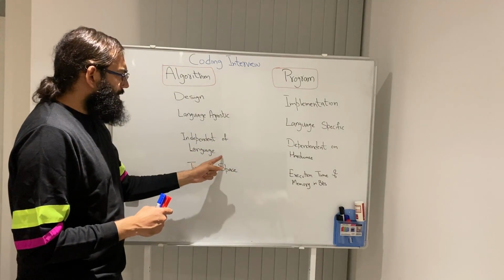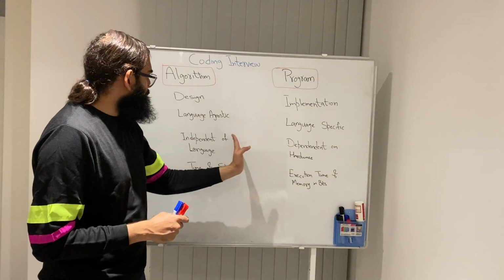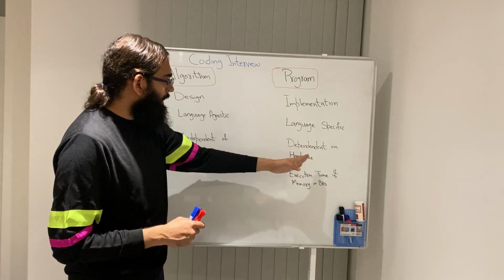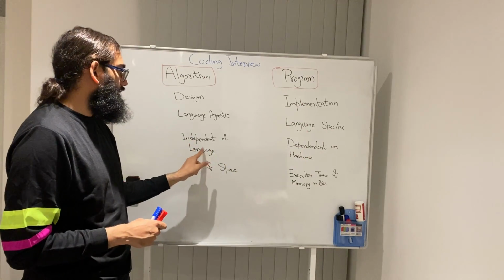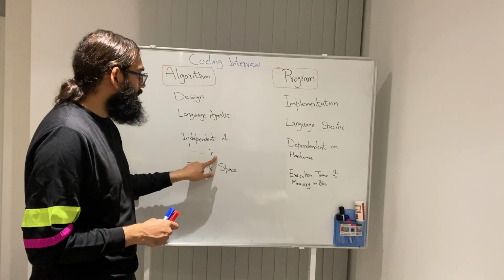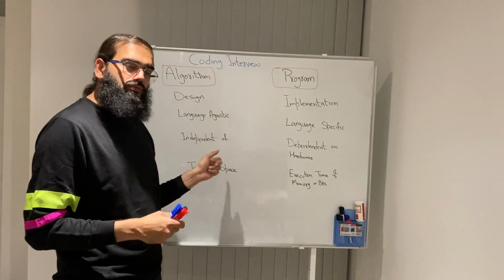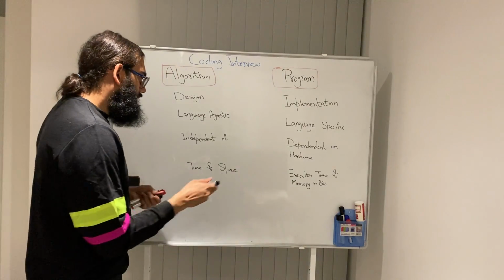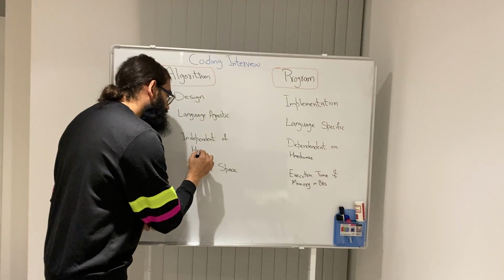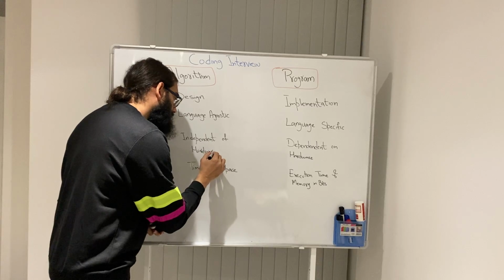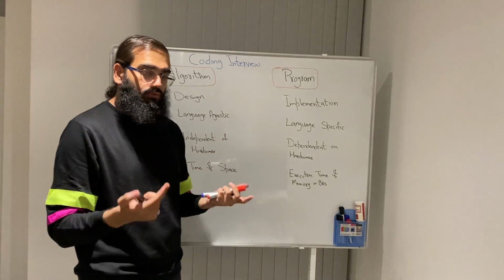Then independent of language, here we have dependent on hardware. This is independent of hardware. Sorry, I wrote language. So when you are thinking about this independent of hardware, then the problem is how you will measure the performance.